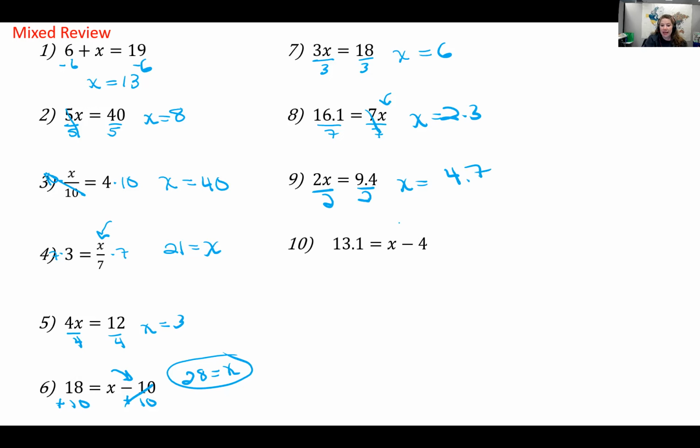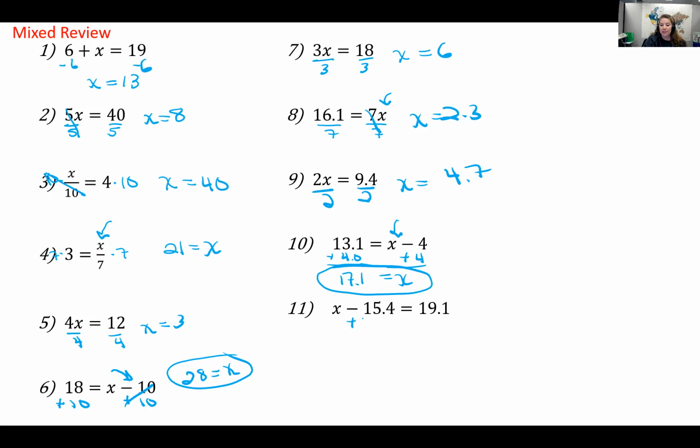Number 10, what is happening to x? From x, we have subtract 4. So we're going to do the opposite. We're going to add 4 to both sides. Add 4, which is a whole number, to both sides. So x is equal to 17.1. Number 11, our x is on the left side this time, and from it's being subtracted 15.4.